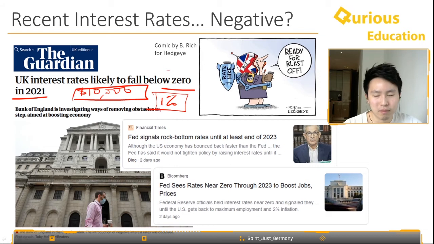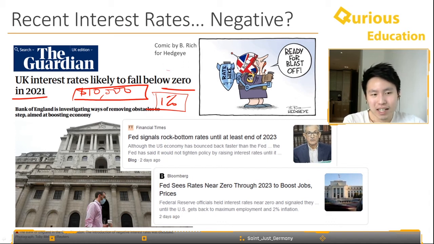But because of the inconvenience of this, people would still keep money with the banks if the negative rate is low enough, since we don't want to carry cash around and act like a gangster and let people know that you're rich. That's not a very wise thing to do.